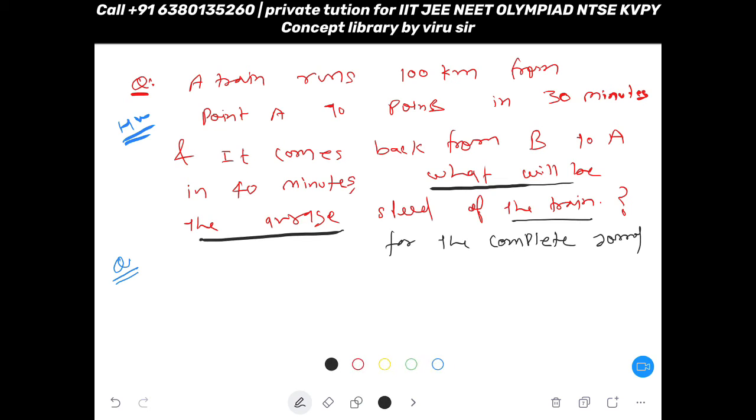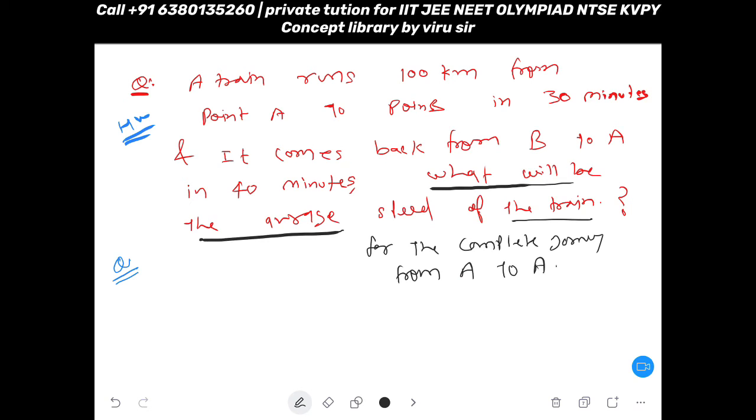You can make the question in a more proper way so that you will not be confused. What will be the average speed of the train for the complete journey from A to A? Clear? From A to A means it will go from A to B, then it will come back.